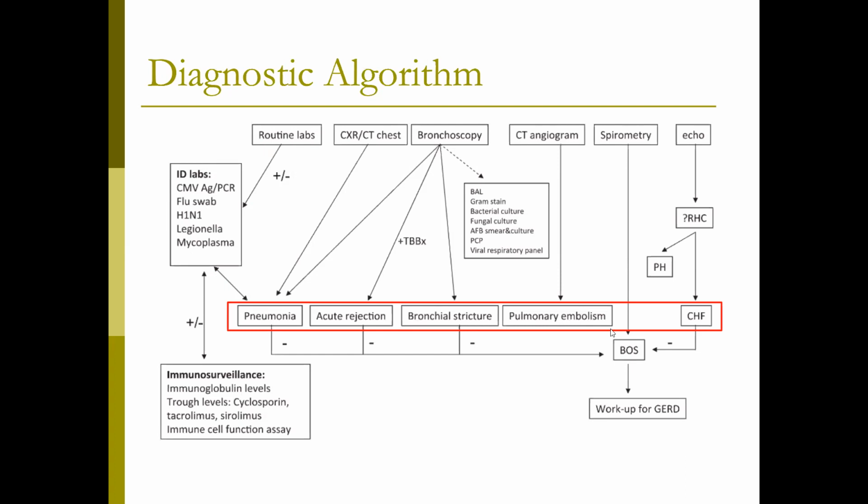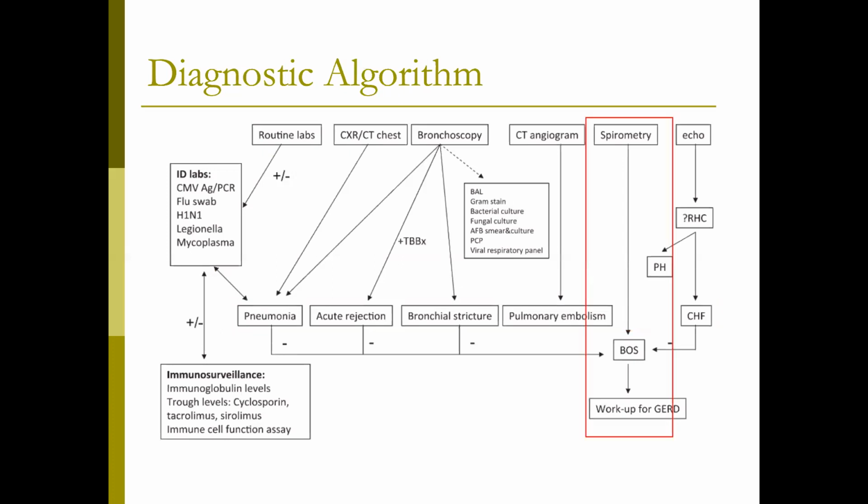And think about acute rejection if it's in the first year or so of transplantation. If that doesn't pan out, and you really have to think about chronic rejection, things like bronchiolitis obliterans syndrome, and again, replace BOS with CLAD, chronic rejection basically, then look and treat GERD aggressively.